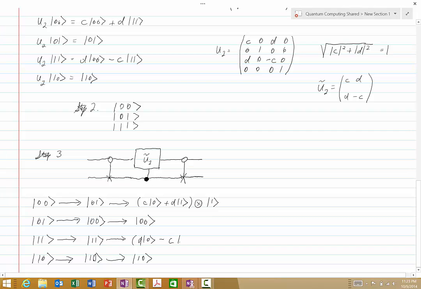And again, the second bit of 1 will pass through. And notice, of course, that that's equal to C01 plus D11. And this is equal to D01 minus C11.